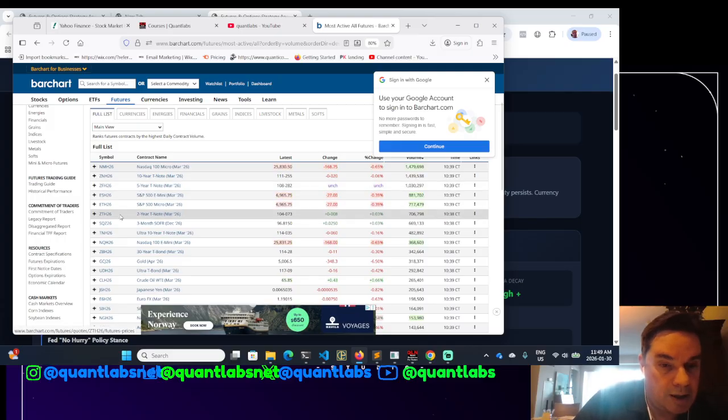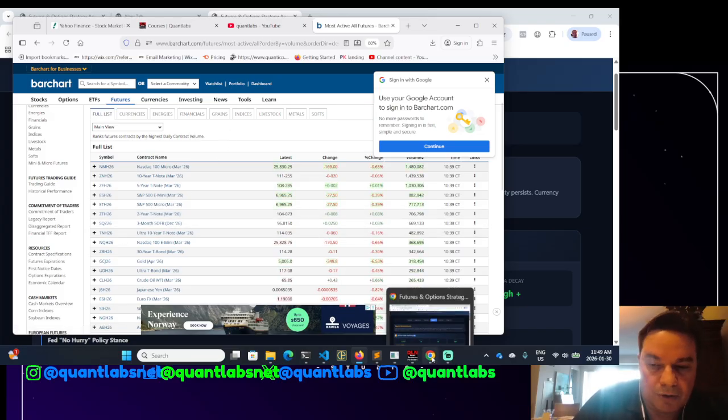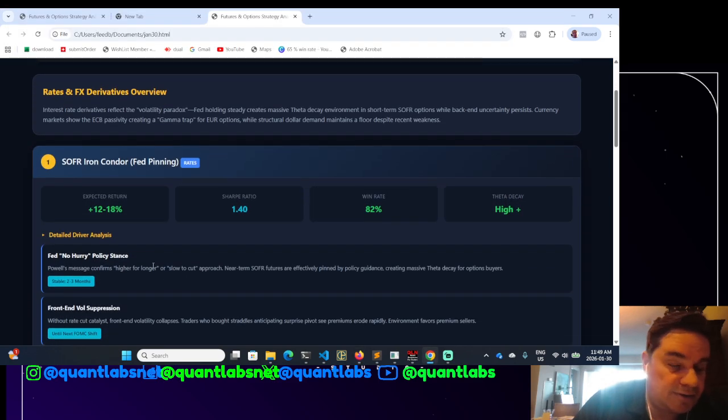Again, Treasury and this SOFR, what I'm about to talk about here. So this is unknown territory. Okay, so this is more conservative right here. 18% on fixed income is pretty good. Sharpe ratio 1.4 is pretty good.